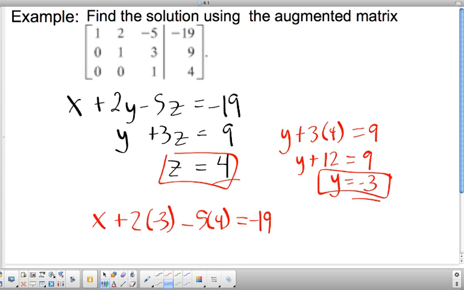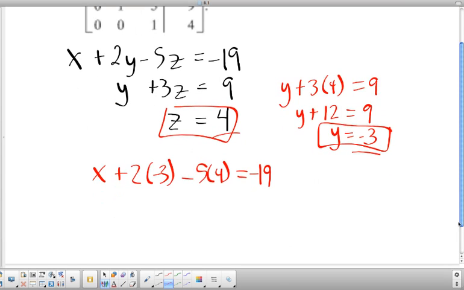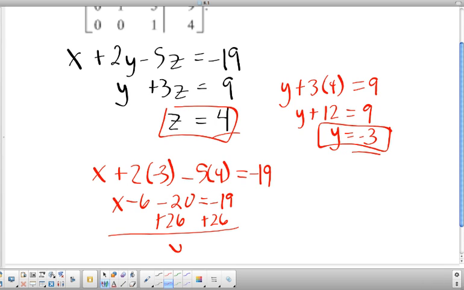I'm going to solve for x. So I'm going to get x minus 6 minus 20 equals -19. Add 26 to both sides. I get x equals 7. And I have my solution to the system: 7, -3, 4.